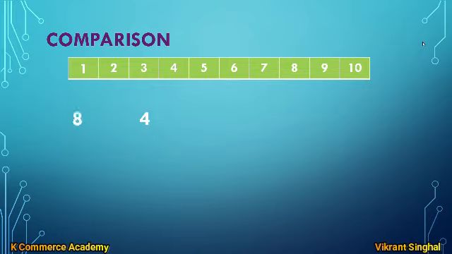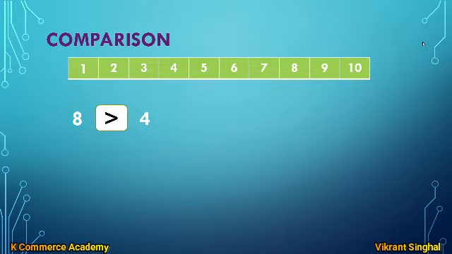Here you can see that we are asked to compare 8 and 4. Now for 8 and 4, if we want to compare, we will look at the number strip. Here you can see that 4 is at the left hand side of 8. In such a case, we put the greater than sign here, as we can see that 8 is greater than 4.